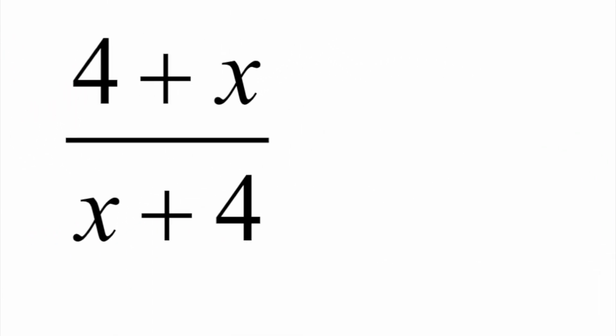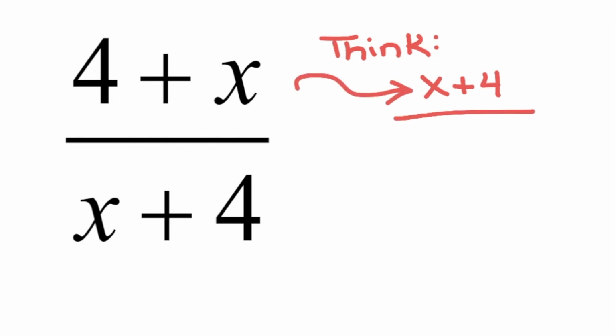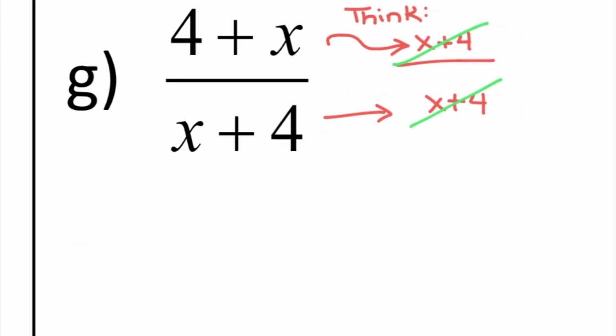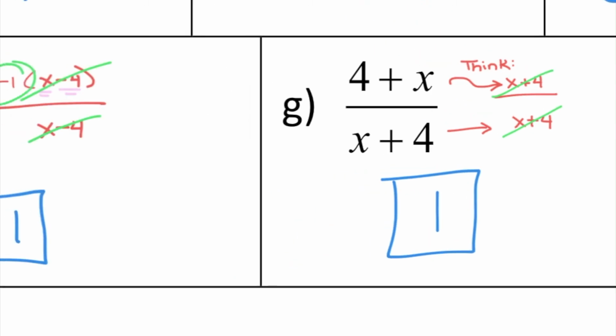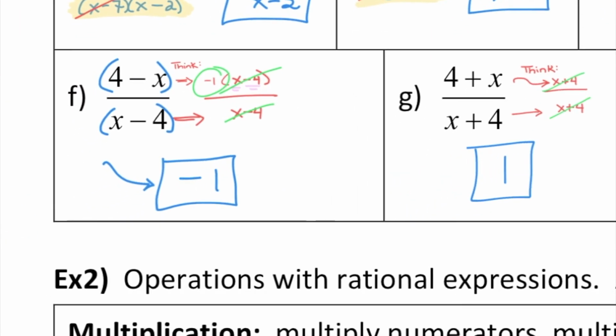And because 4 plus x is the same as x plus 4 in the numerator, this whole entire fraction cancels, and your answer to this whole problem is positive 1. I want you to take a minute and just think about those two problems and make sure that you understand how they're different and why the answer is negative 1 for F and positive 1 for G.